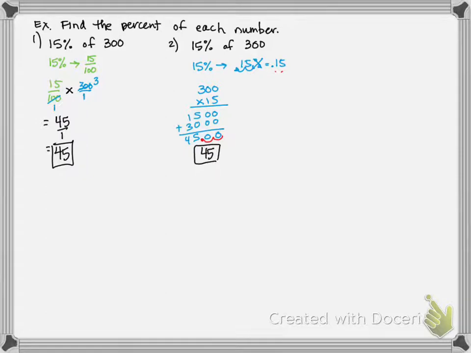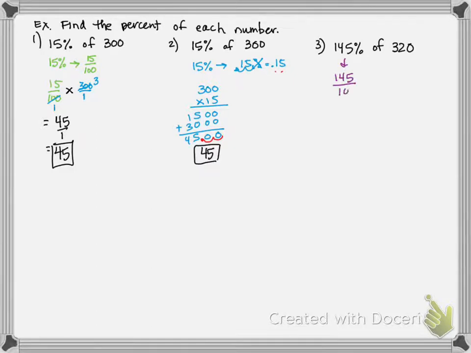All right, well, let's say we have something like this. 145% of 320. So again, if I have greater than 100%, the suggestion is that I'm going to take the percent and change it to a fraction.